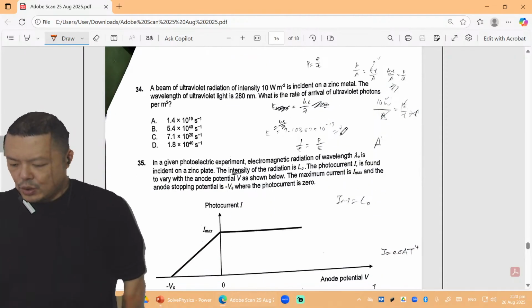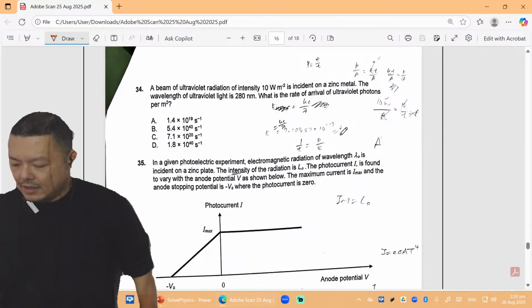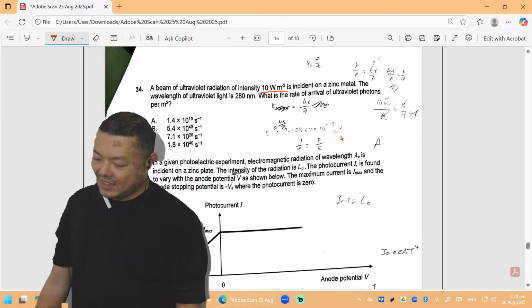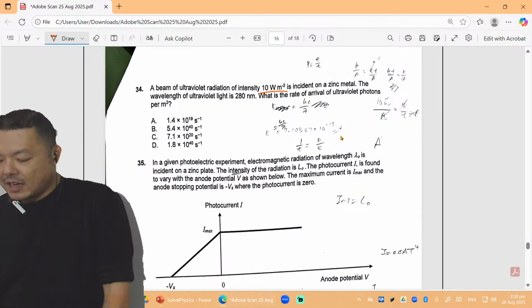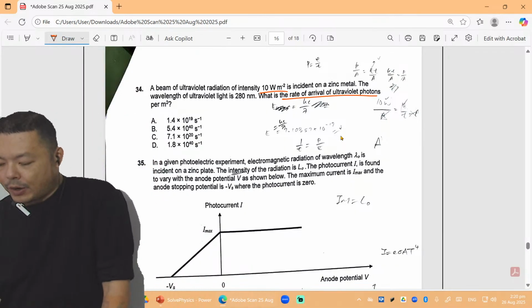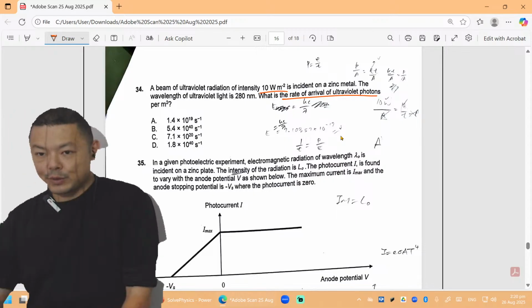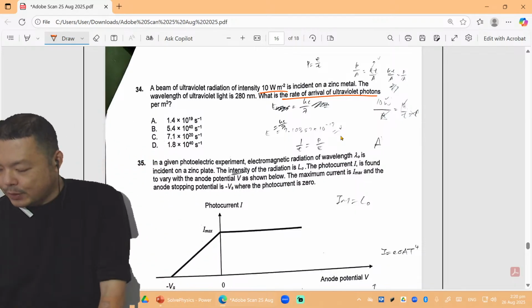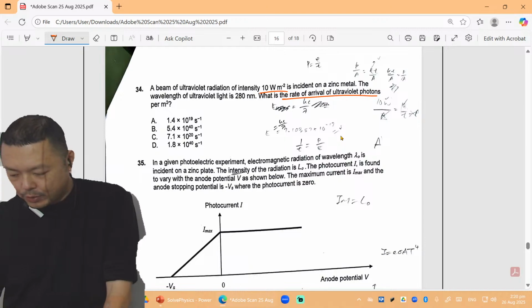34. UV intensity. This is where all your calculators come in. What's the rate of photons per meter square? I've taught you this in the one page, I mentioned it to you. What's the equation you have to write down? I didn't see the equation here, I hope you got it right.